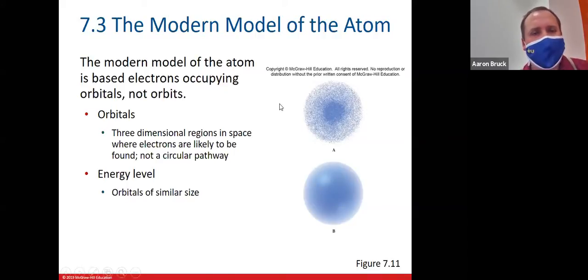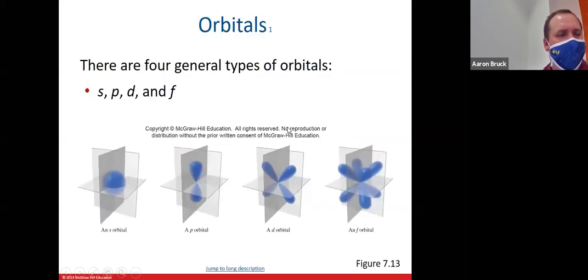One other interesting feature that we can draw is that our orbitals do not all have the same characteristic shape. In fact, there are 4 different types of orbitals that exist. Those 4 different types take on 4 different shapes.